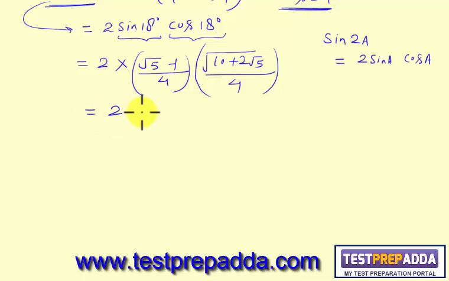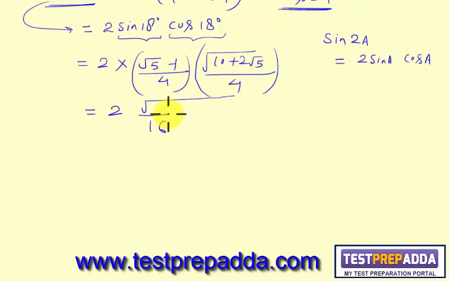Now 4 into 4 it will become 16. If I introduce this root 5 minus 1 into the root, it will become a square.